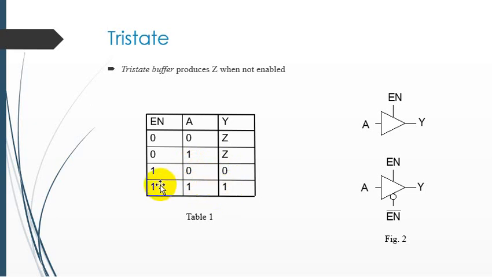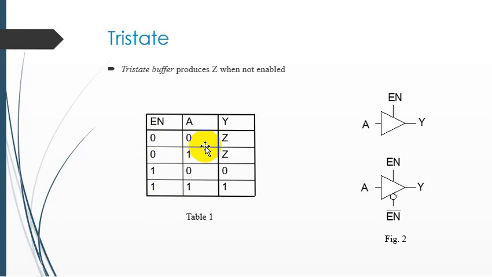So it means that it's functional when the enable input is 1. Okay, when the enable is 0, as you can see in this table, what will happen to the output side? The output is going to be floating, and we represent it with the value Z.